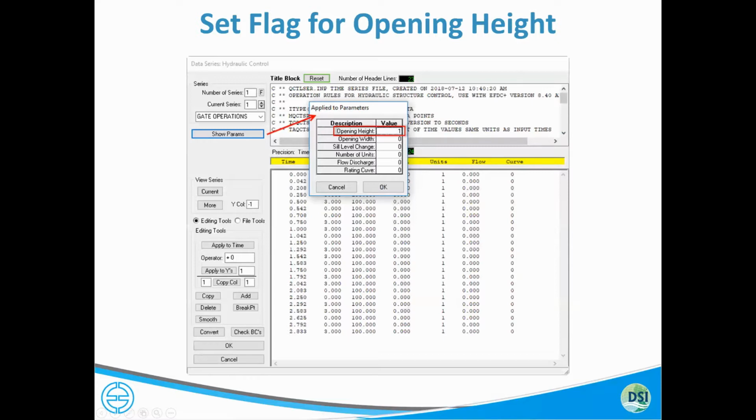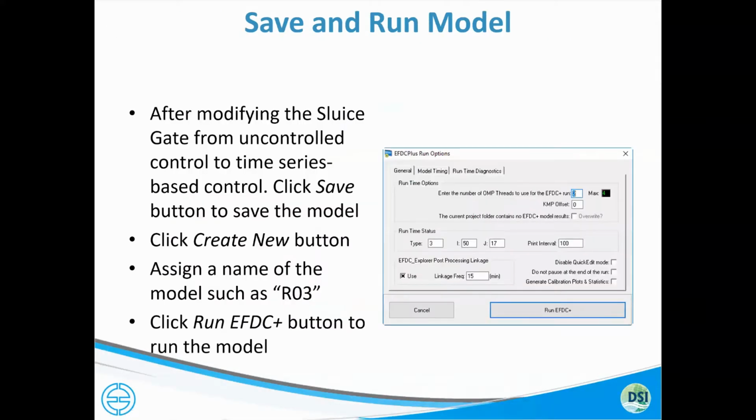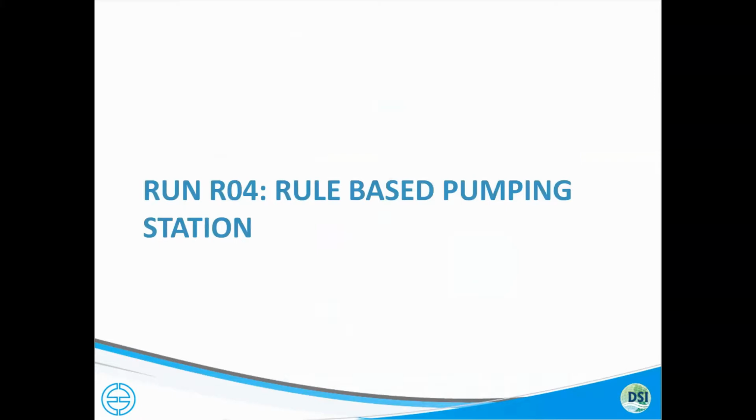And as you can see in this example, the gate operations are changing from 3 meters high to closed, to 3 meters high to closed again, with this particular number of Julian days from time 0. So with that all set up, we run the model again, and we can look at the output in a minute on the real-time based results.